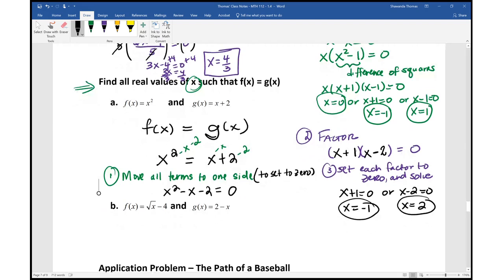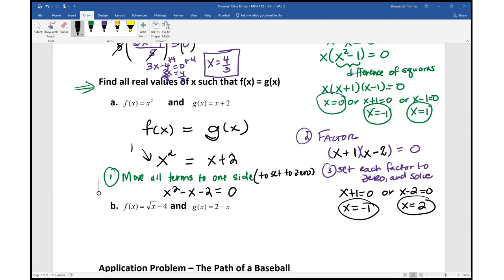So those are the solutions for A. Find all real values of x such that f of x equals g of x. So you can test it out. If you plug in negative 1 on the left side here, you get negative 1 squared, which is 1.